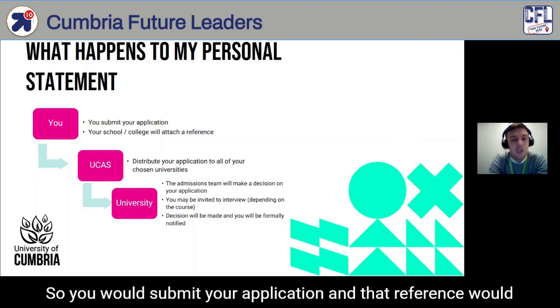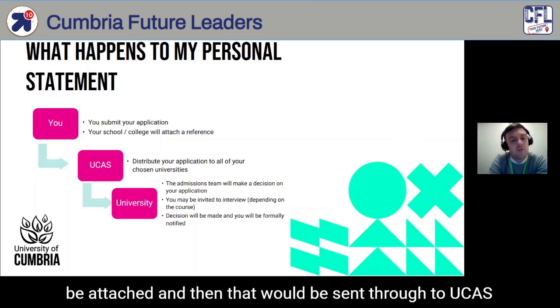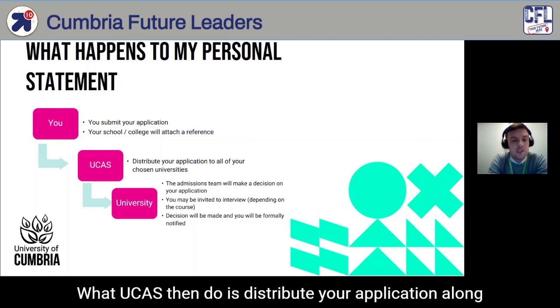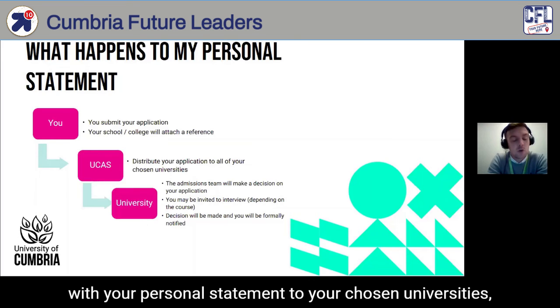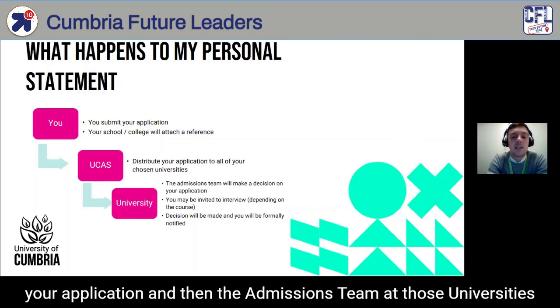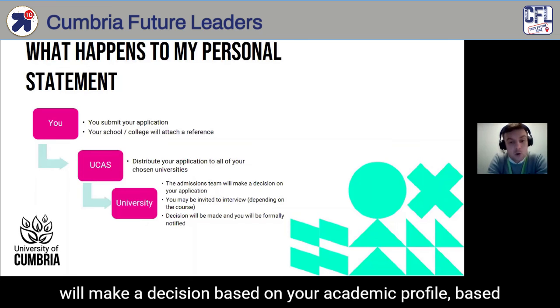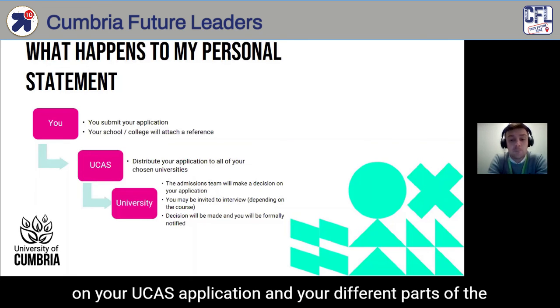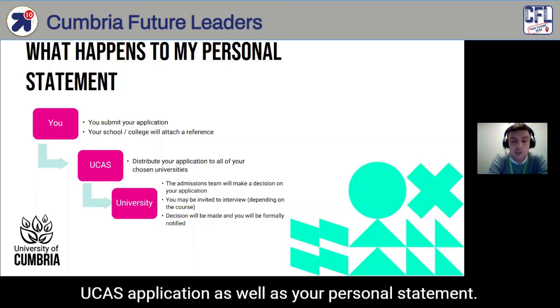So you would submit your application and that reference would be attached, and then it would be sent through to UCAS. What UCAS then do is distribute your application along with your personal statement to your chosen universities. Each university will receive your personal statement and your application, and then the admissions teams at those universities will make a decision based on your academic profile, the different parts of your UCAS application, as well as your personal statement.